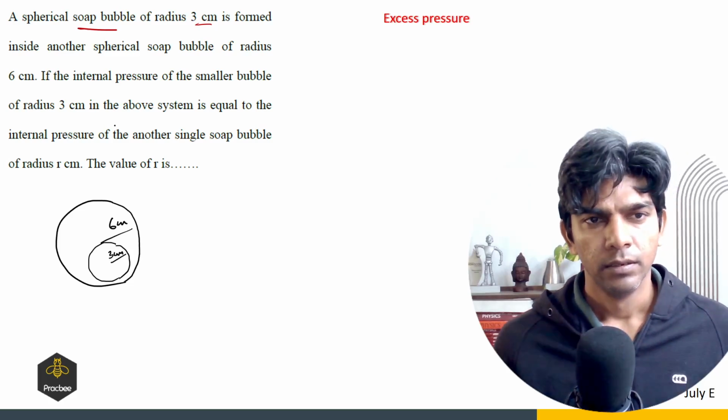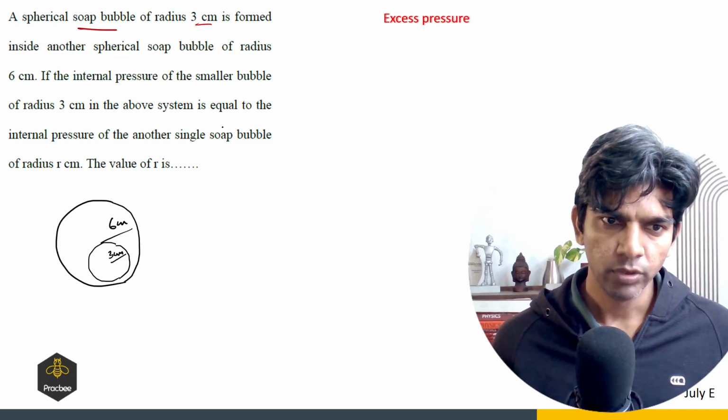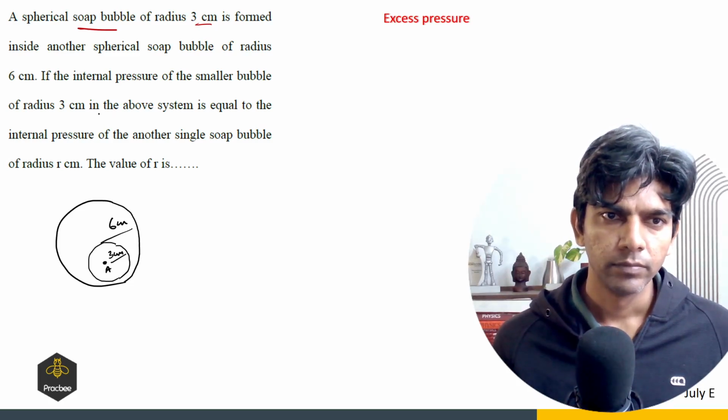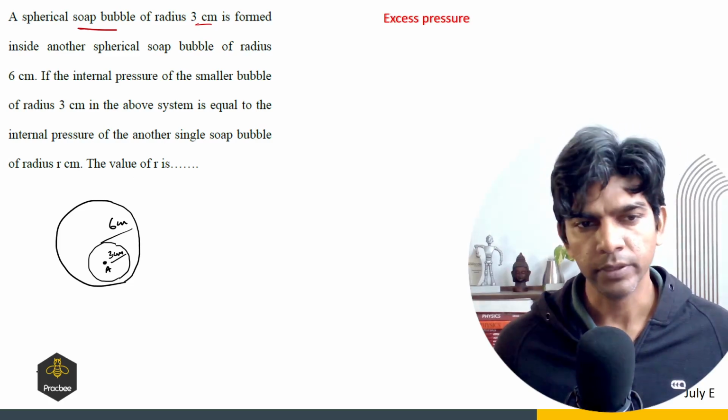Right? If the internal pressure of the smaller bubble, so at point A in the above system, is equal to the internal pressure of another single bubble of radius r, the value of r will be. Okay, right.